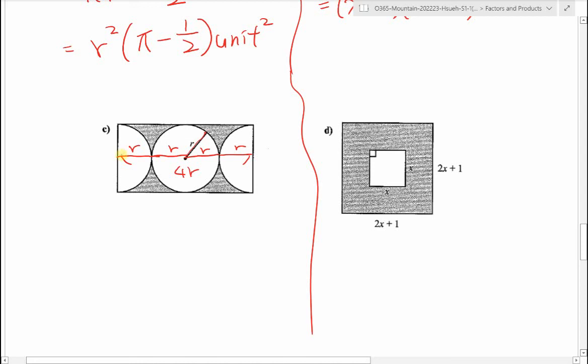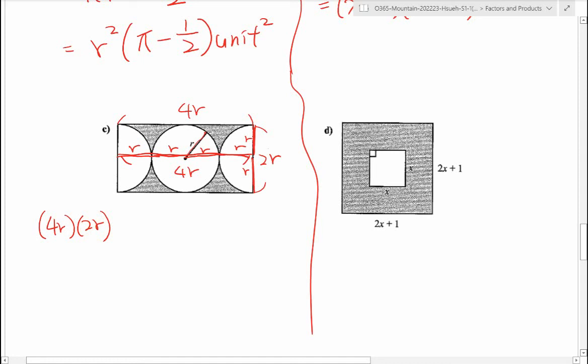And if we just shift this line up, then this is 4r. Now this is a radius, that's r. This is also a radius. So therefore this width is going to be 2r. So the area of the rectangle is simply going to be 4r times 2r.